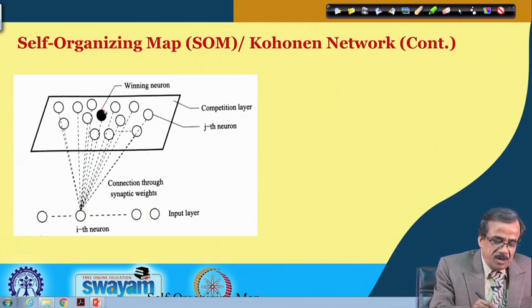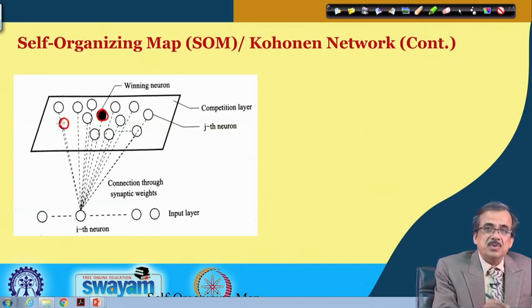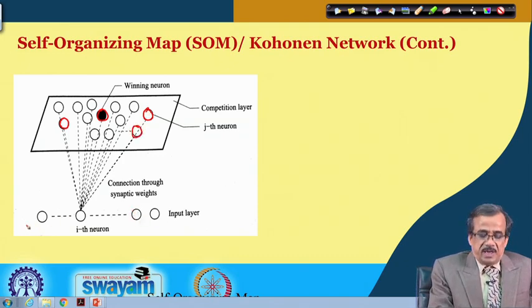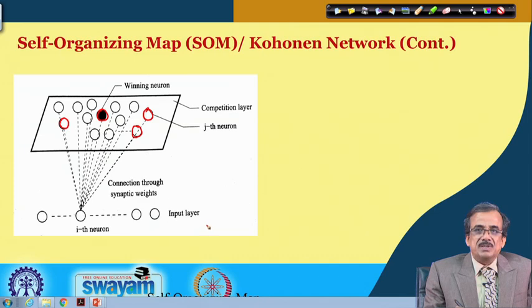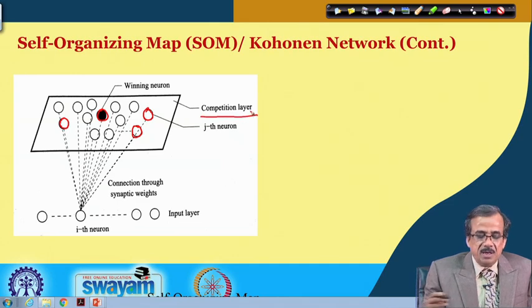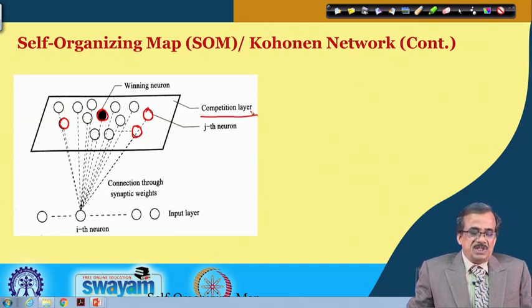Supposing that I have got only one winner, corresponding to another data point might be another winner. So, capital N number of data points lying on the input layer will be mapped to the lower dimension on the computation layer for the purpose of visualization.